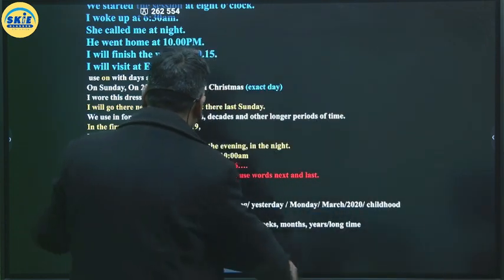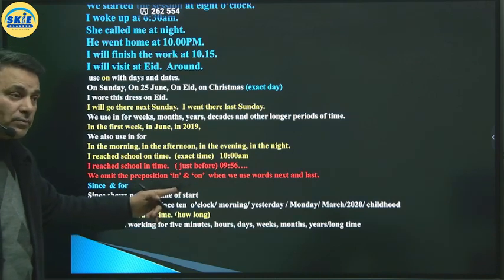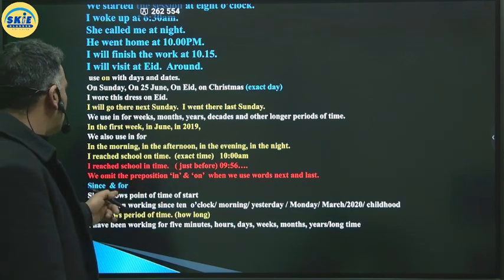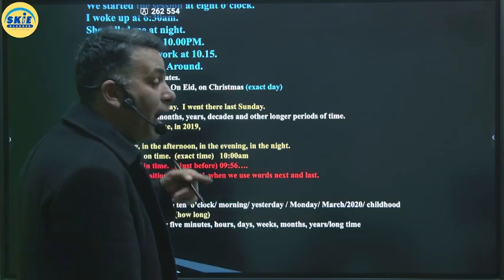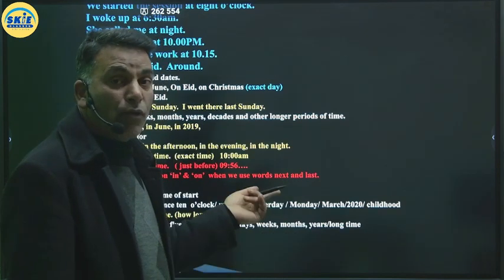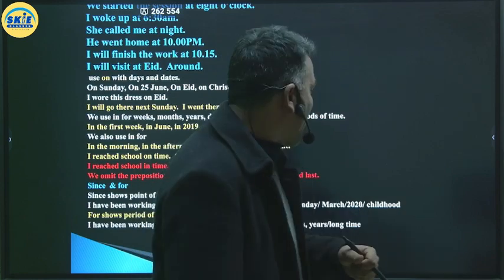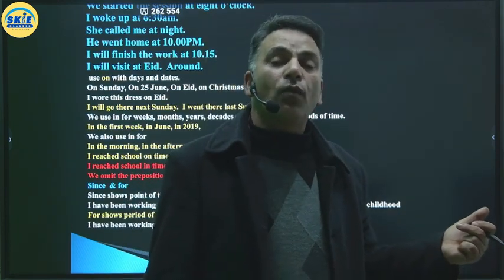So that's why I have shown since shows point of time of start, and for shows duration. How long? I have been waiting for 10 minutes. Say for example, right now the time is 4. I say, I have been waiting for 1 hour.